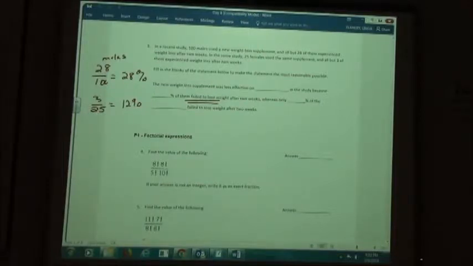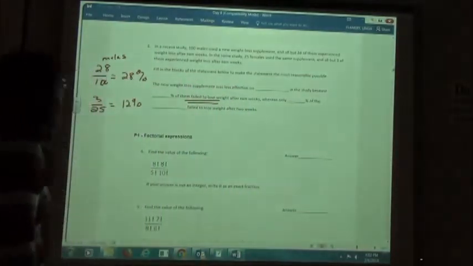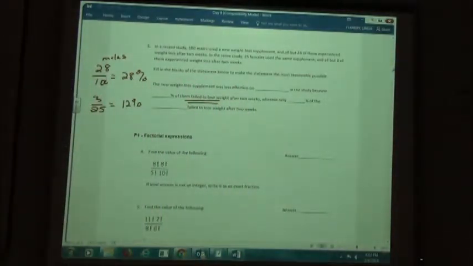In a recent study, 100 males used a new weight loss supplement. All but 28 of them experienced weight loss. So all but 28 of them. Yeah, so 28% failed, okay. So it was effective on the rest of them, and then only 12%, okay.